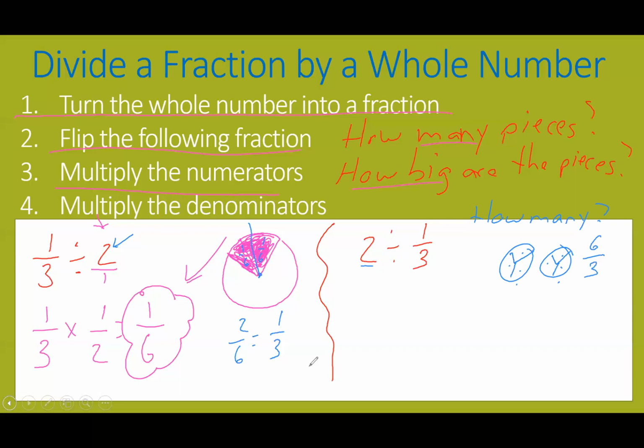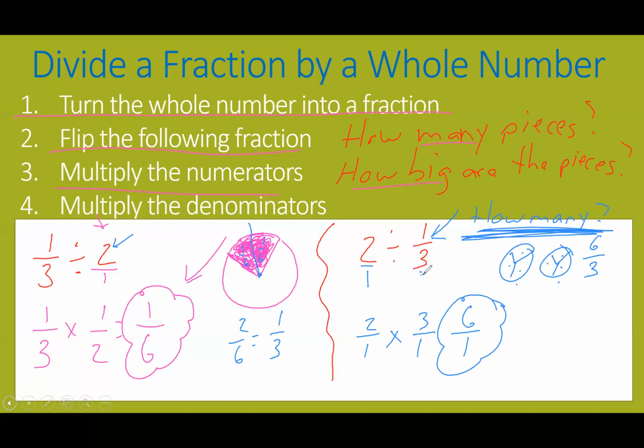Step 1, turn the whole number into a fraction, or put a 1 under it. So it becomes 2 wholes. And now I'm going to flip the following fraction. It becomes 3 over 1. And when I divide, 2 times 3 is 6, and 1. So the answer is how many slices?